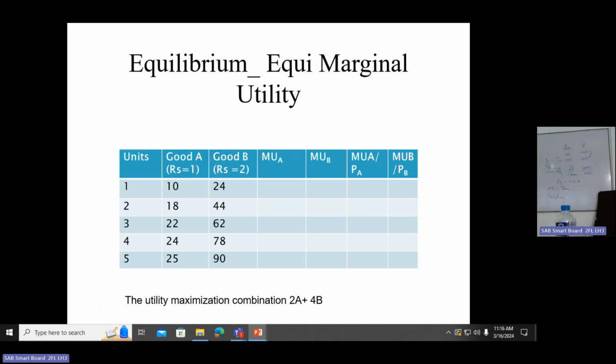One is the marginal utility. We take the two products X and Y: the marginal utility of X divided by the price of X, the marginal utility of expenditure, should be equal, should be the same, as the marginal utility of Y divided by PY. So this is the first condition.